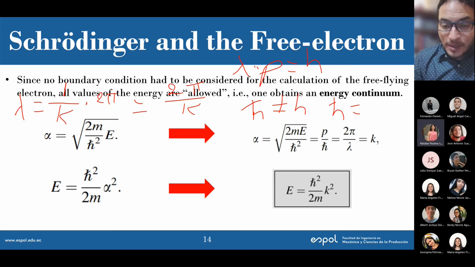What did I say? Planck's constant divided by 2 pi, I think. So you say this. Sorry. It's actually okay.